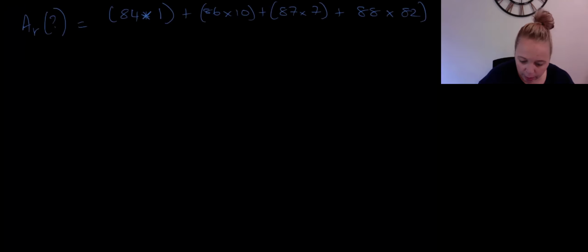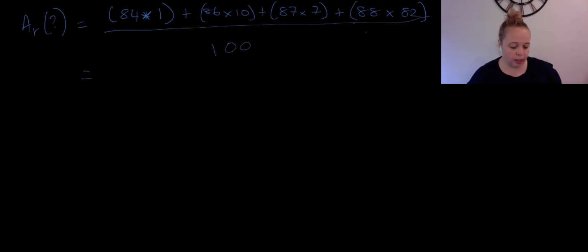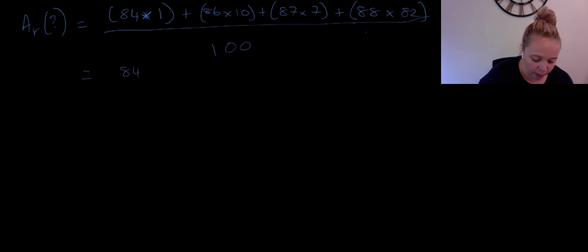Sorry guys, I don't know why my pen's just decided to stop working. And all of that, there we go, over 100. So when we start to multiply that out, we've got 84 plus 860 plus 87 times 7, 609 plus 88 times 82, 7216.